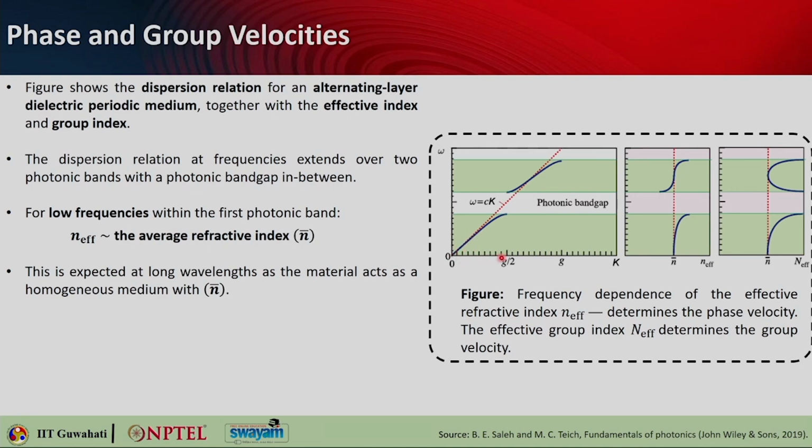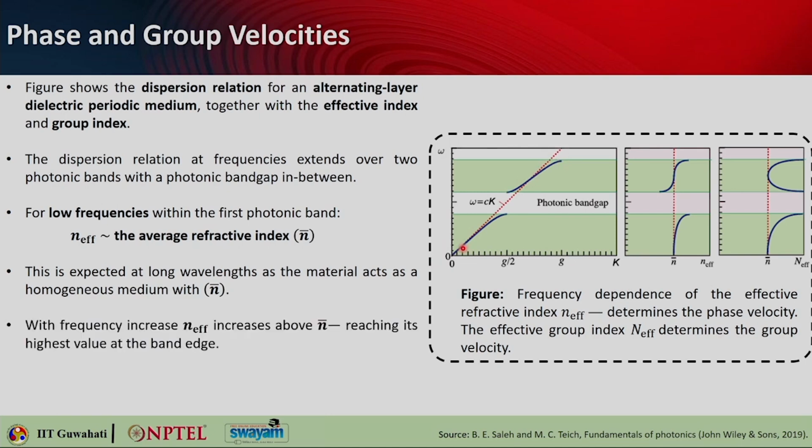But as K is increasing, your wavelength is basically reducing. So you will be able to see the definite structures, and that is where you will be deviating from the line, this particular red dotted line, which represents a homogenized medium, okay. So here also you can see with frequency increase, this way the frequency is increasing, okay.